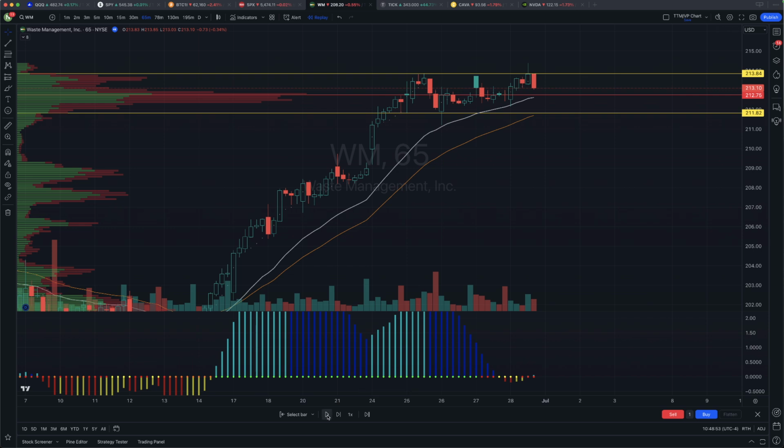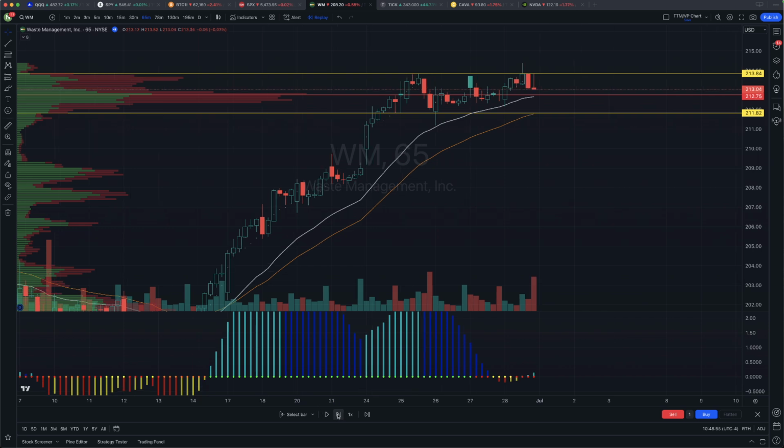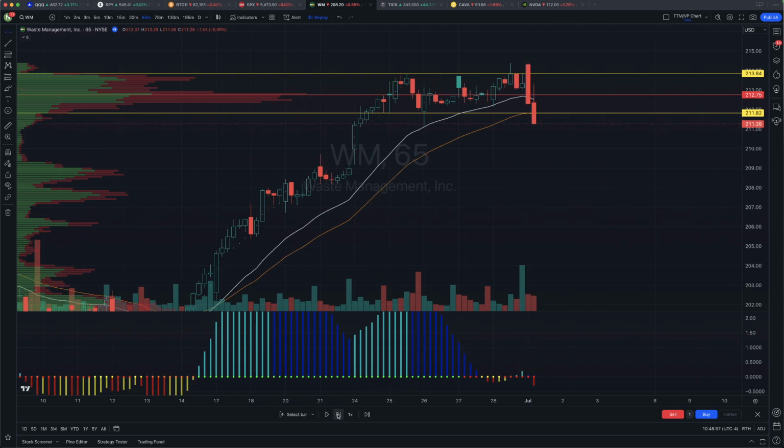Now as I play this forward, still not broken. This is still not broken because it pierced, but it came back up into our pattern. When was this? That was yesterday.